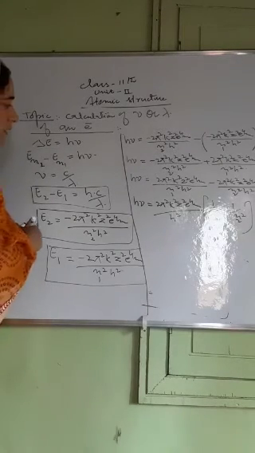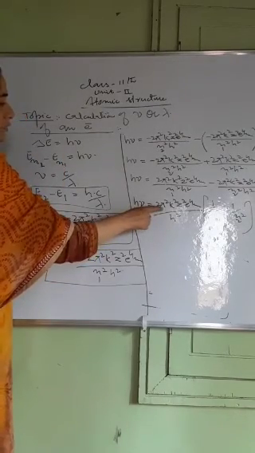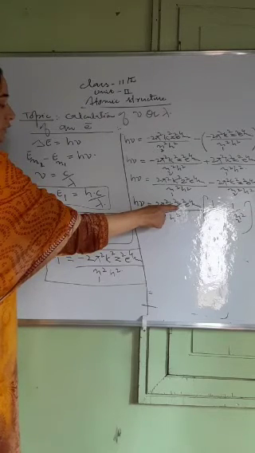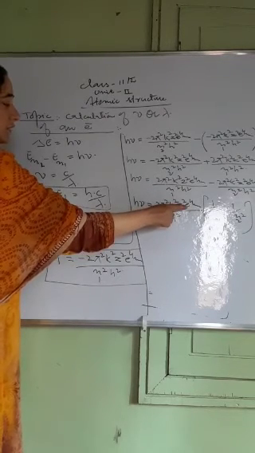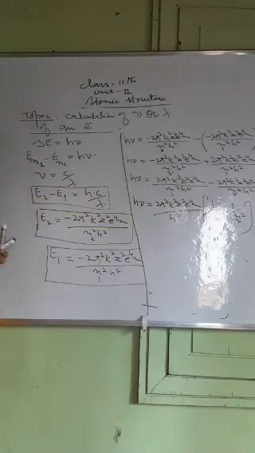Now this 2 is constant, pi is constant, k is constant, z that is the charge of the nucleus is also constant, e charge of electron is constant, mass of electron is constant, h is Planck's constant, that's also constant.